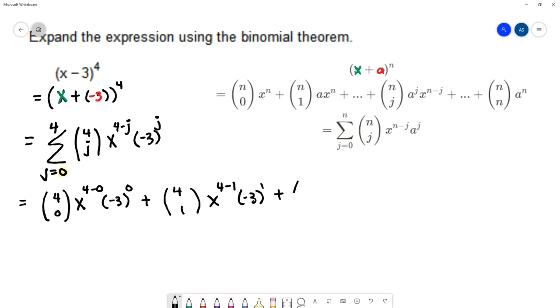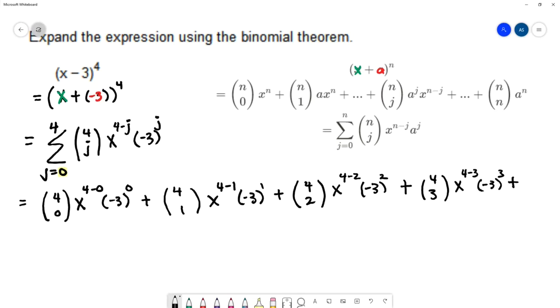Incrementing j again, we would get 4 choose 2, x to the 4 minus 2, and a, negative 3 to the 2. We would increment j again and have 4 choose 3, x to the 4 minus 3, negative 3 to the 3.